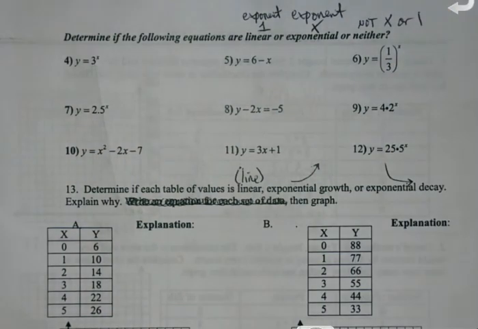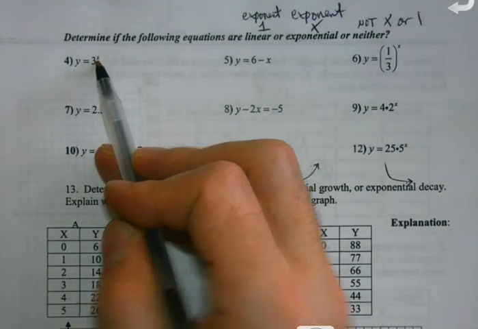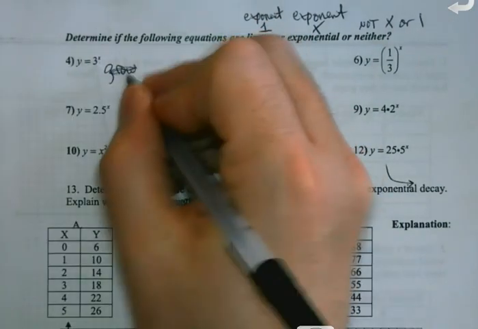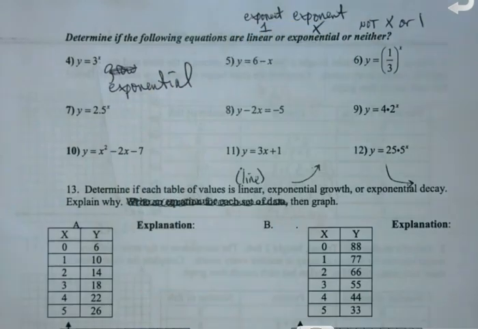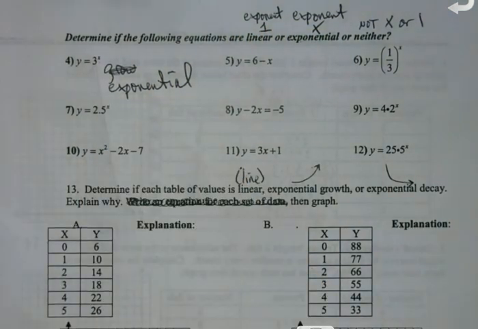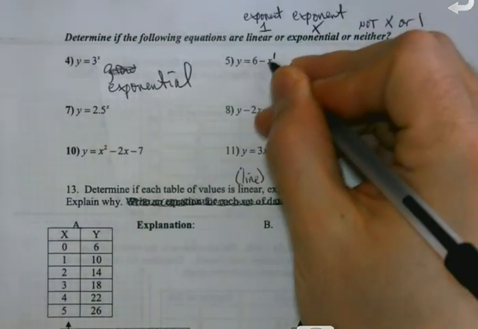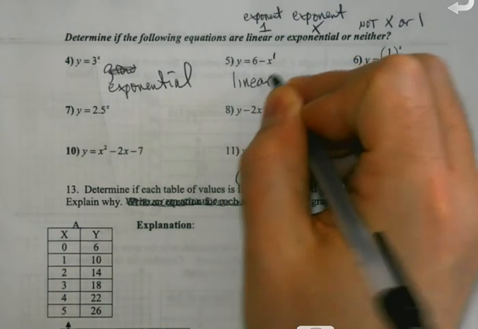So for instance, when I look at number 4, my exponent's an x. Okay, oops, I got to call it exponential, not growth, even though it would be. So if I see an x for my exponent, it's exponential. If I see a 1 for my exponent on something, that's linear.